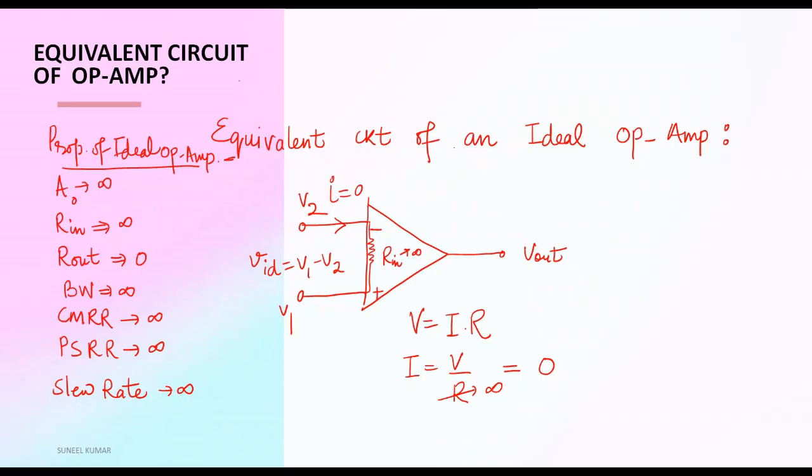Be remember, no current will flow in these two terminals when your input resistance becomes infinite. So we can write here there is an open circuit between two terminals.